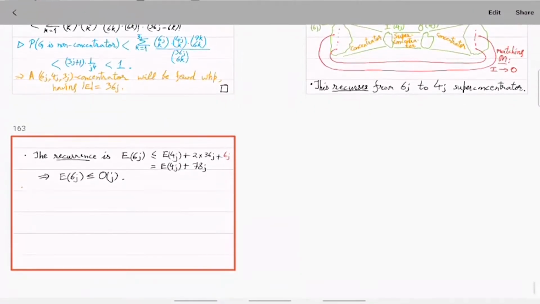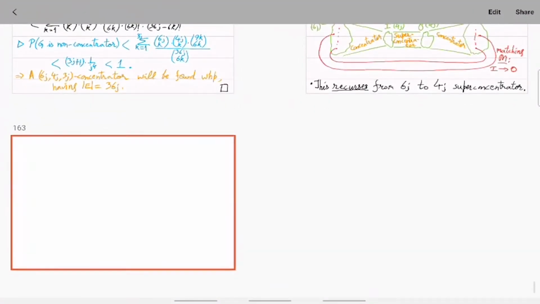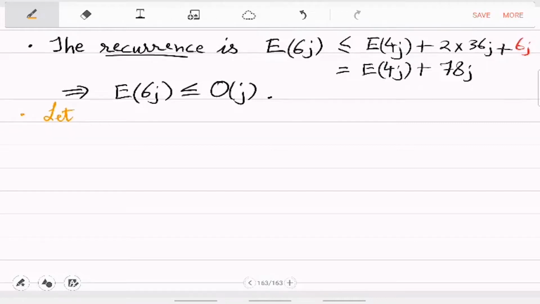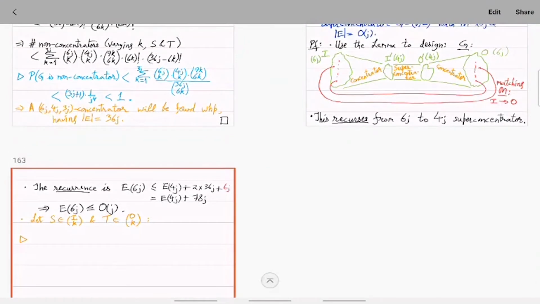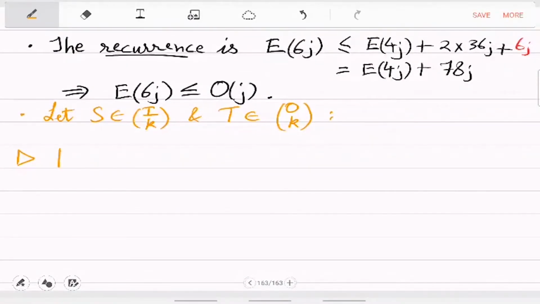And finally, why is this thing a super concentrator? So, let S be in I choose k and T be in O choose k. So, you take arbitrary S and T, S in the input nodes, T in the output nodes of any size up to 6J, of course. So, if k is small, smaller than 3J, then what happens?